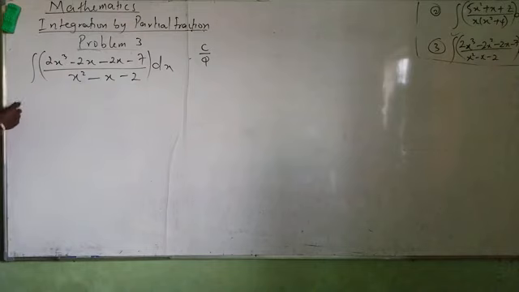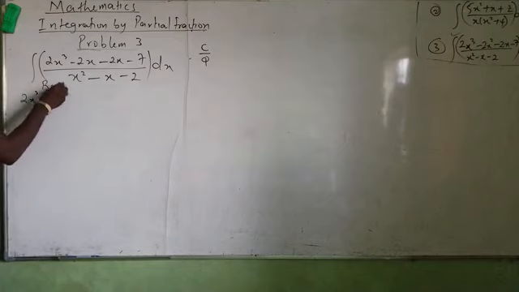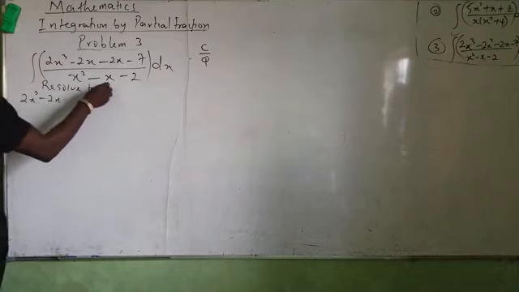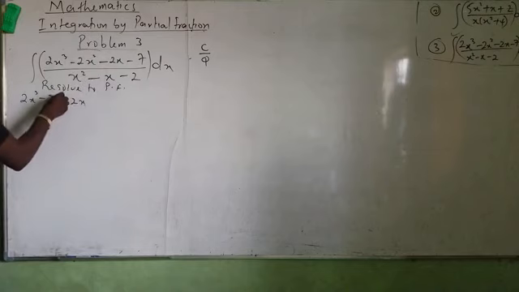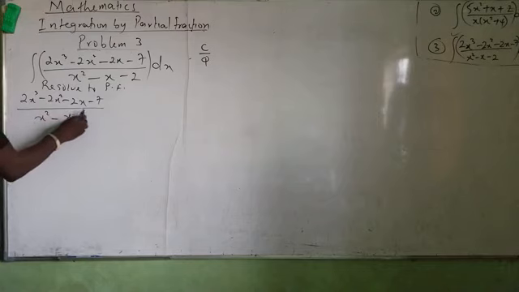I can now say that I resolve it to partial fractions. That's what I'm going to do now. I have (2x³ − 2x² − 2x − 7) divided by (x² − x − 2).